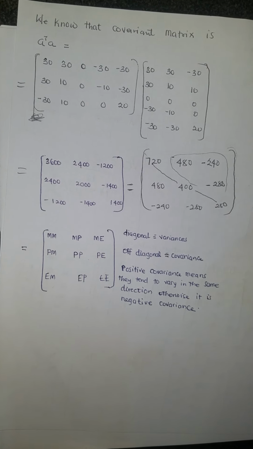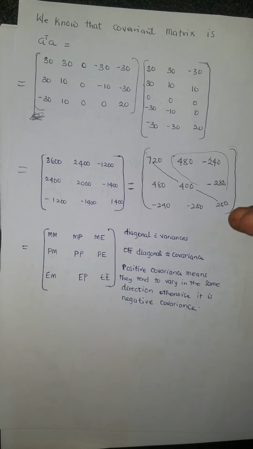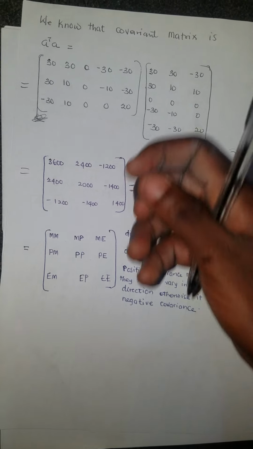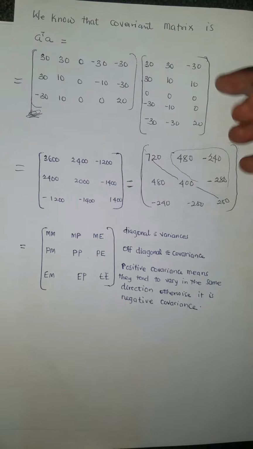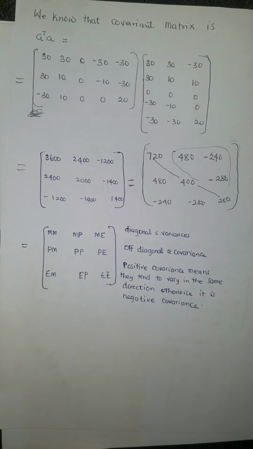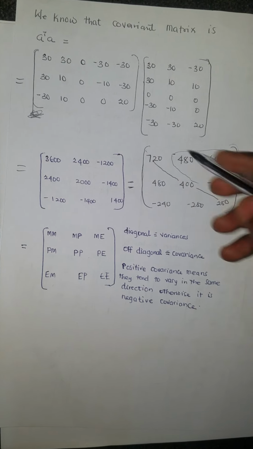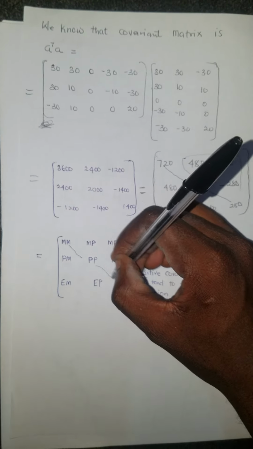So having a covariance of two things, multiplying it by itself is a variance. So these are variances. The diagonals are variances.